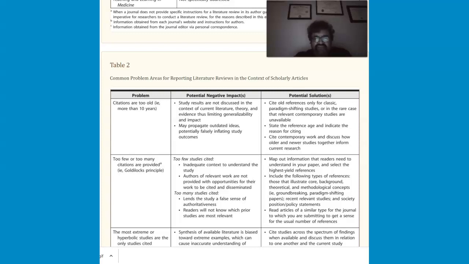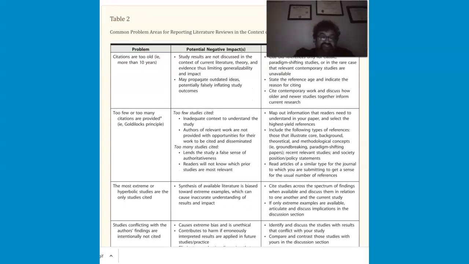Rare case that relevant contemporary studies are unavailable. State the reference age and indicate the reason for citing, and then cite contemporary work and discuss how older and newer studies together inform current research. And so that's something that's done, maybe a classic study and then combining it with an updated modern study.